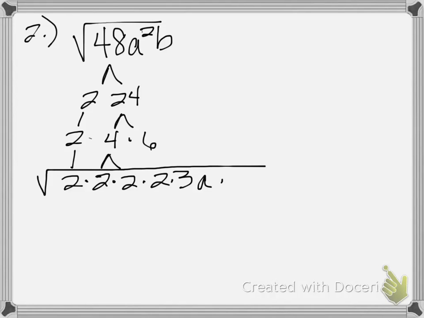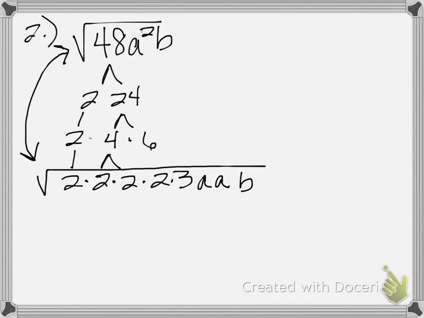And instead of a squared, I'm going to put a times a, and then b. So what I have here, 48a squared b, is the same thing I have down here at the bottom, just completely factored out.